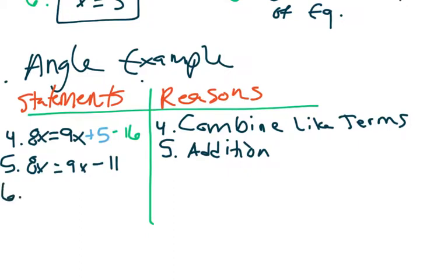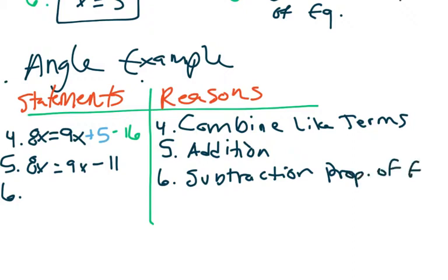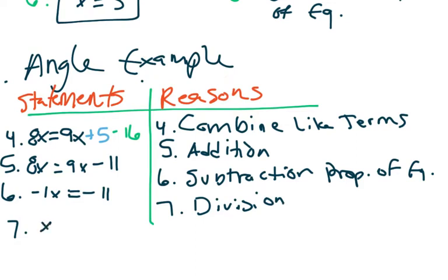And then we're going to combine some like terms by subtracting this 9x. So subtraction property of equality tells us that we can have negative 1x equal to negative 11. And then that last step is pretty much always division. And so now we know that x is actually positive 11.